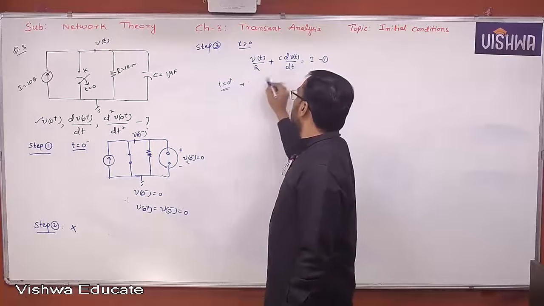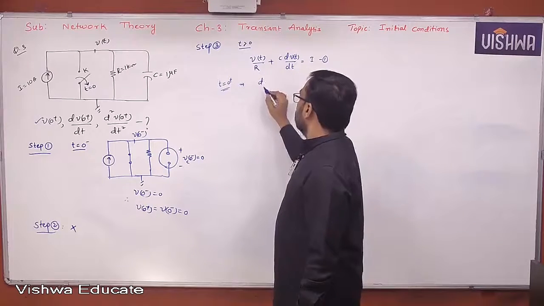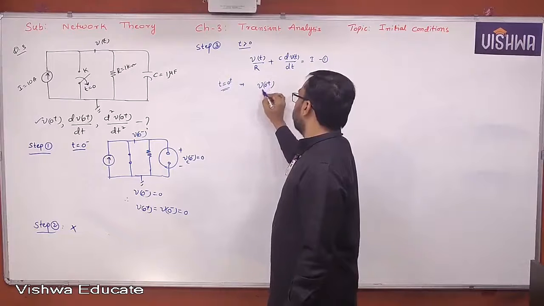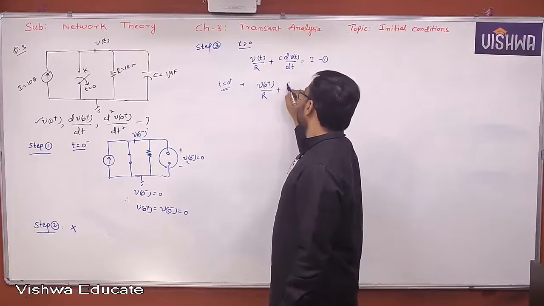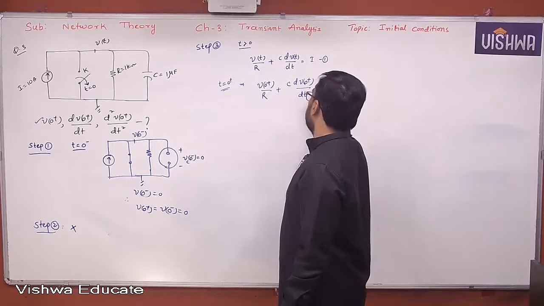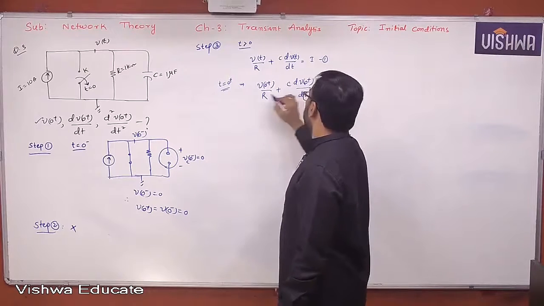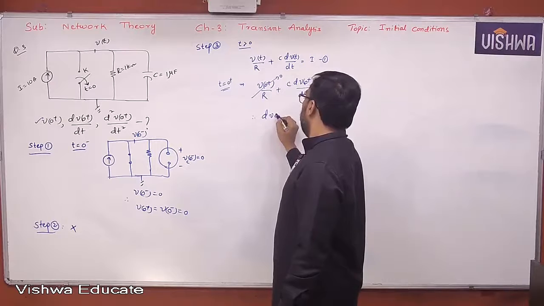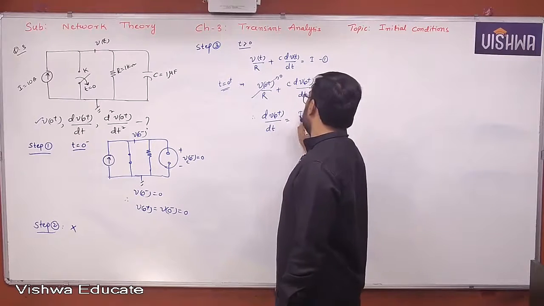Then I get V of 0 plus by R plus C dV of 0 plus by dt is equal to I. You know that this is 0. Therefore, dV of 0 plus by dt is equal to I by C.